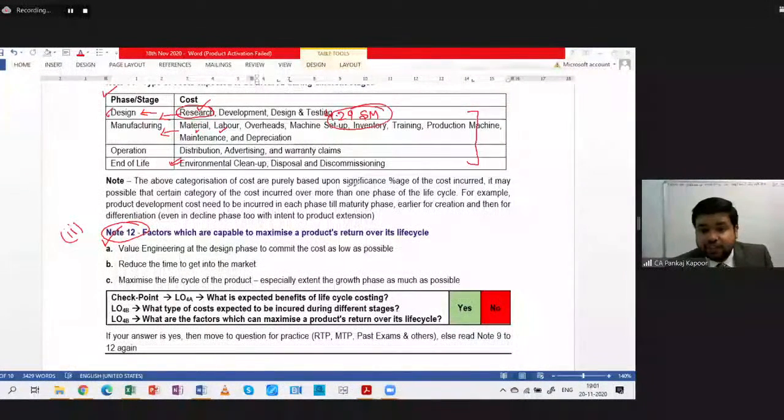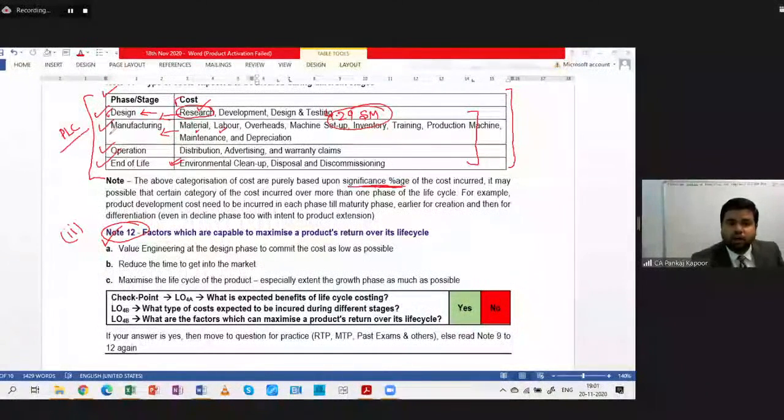But if we see the significant percentage, it will be incurred in these phases only. Hence, this is the table to consolidate the various major costs incurred during each of the phases. Please mind it, these phases are not written according to the product life cycle. Instead, these phases are written according to the development of the product.